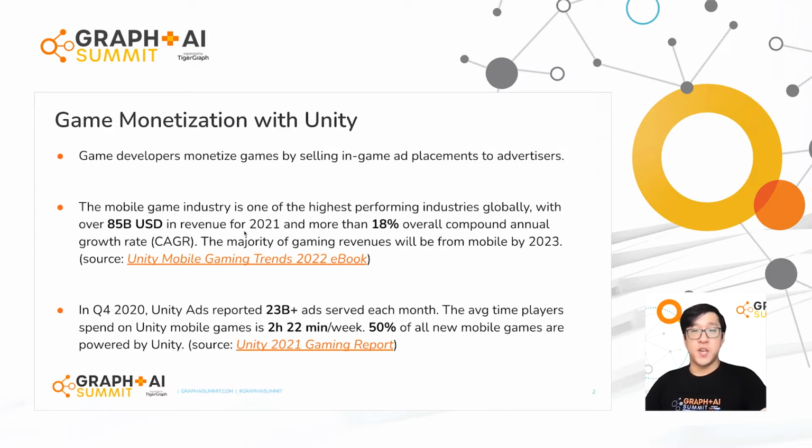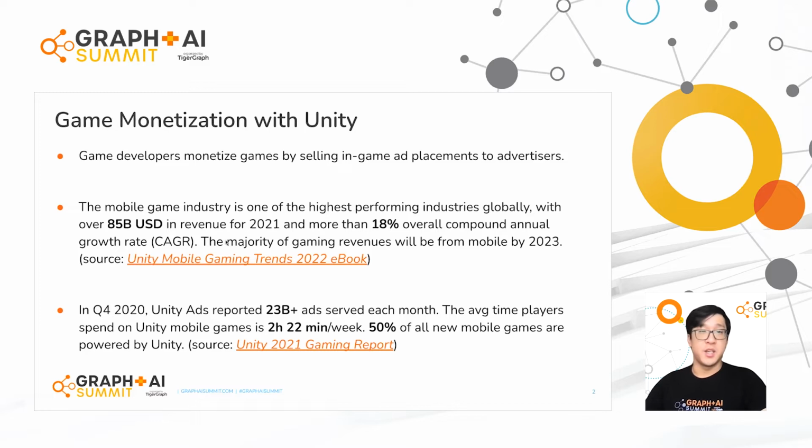The mobile game industry is one of the highest performing industries globally, with more than 85 billion US dollars in revenue for 2021 and more than 18% overall compound annual growth rate. The majority of game revenues will be from mobile by 2023.